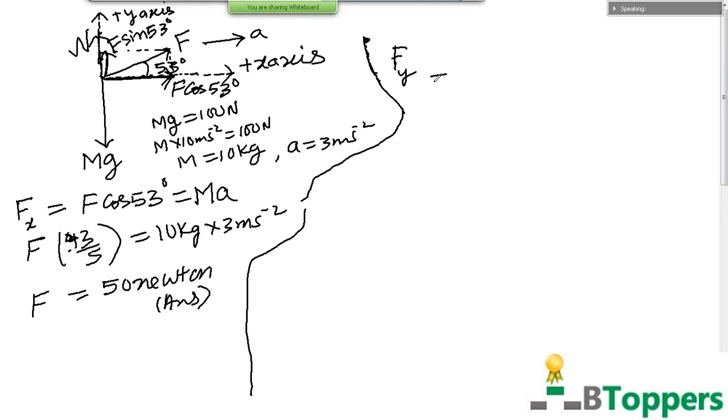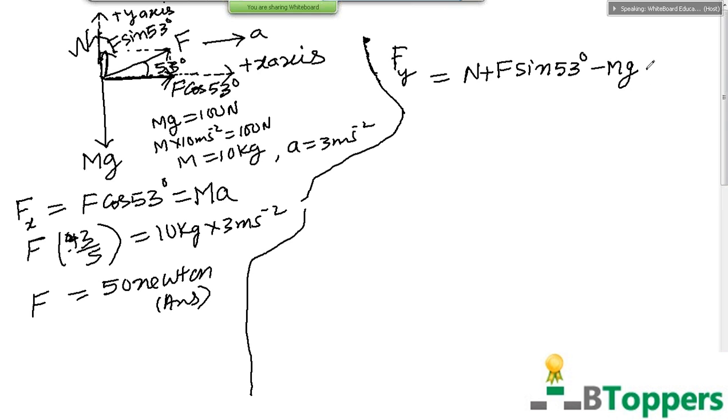Therefore, y component of resultant force of the block is equal to N plus F sin 53 degrees minus mg. But in this case, the block moves along x-axis in the horizontal direction. The block has no motion in the vertical direction.